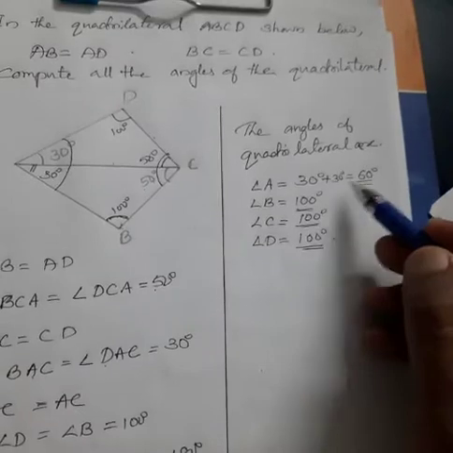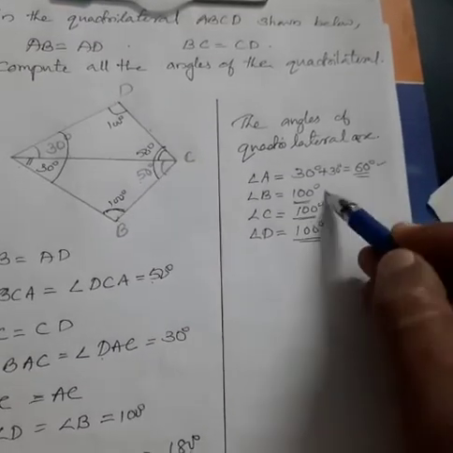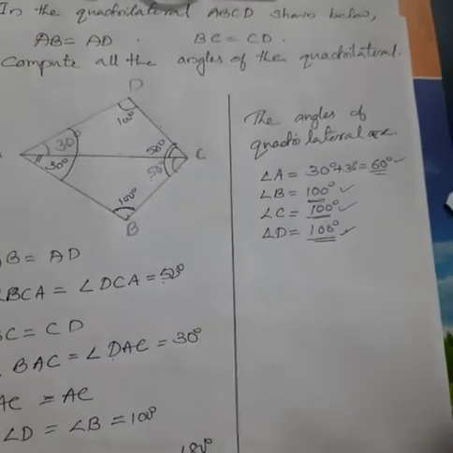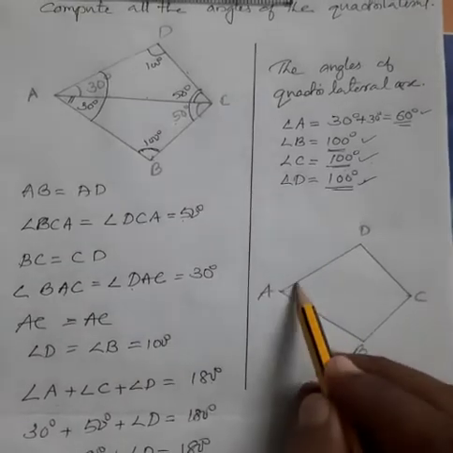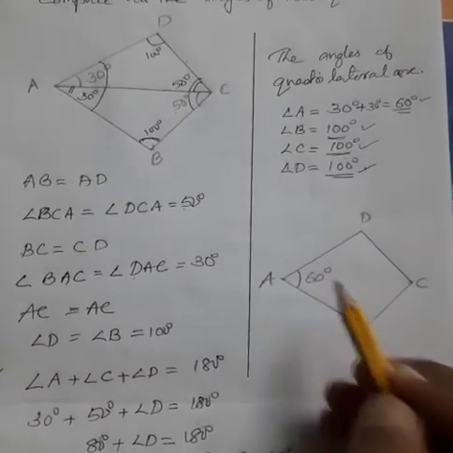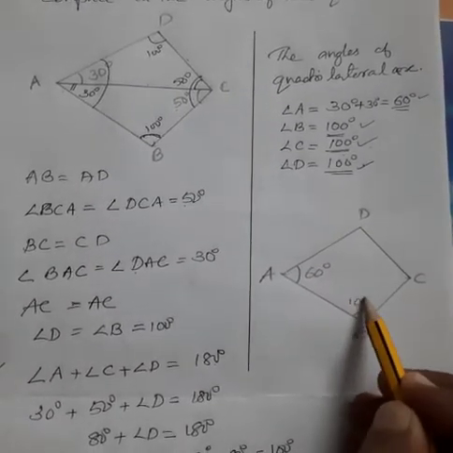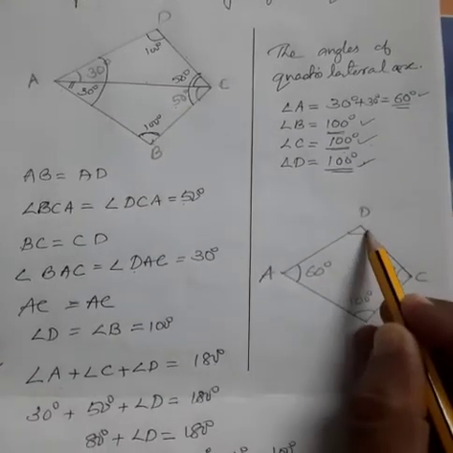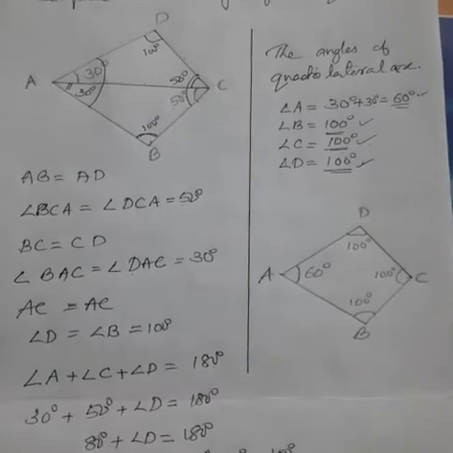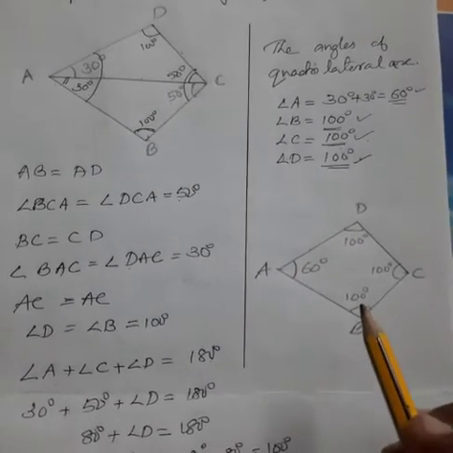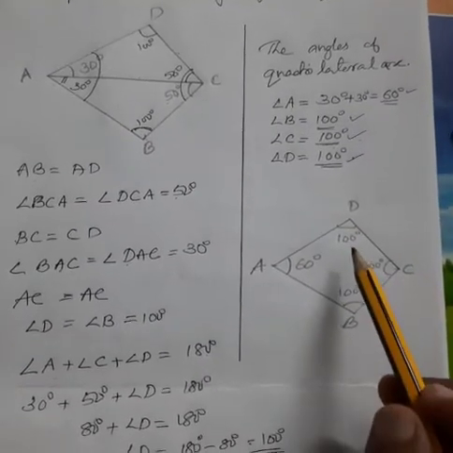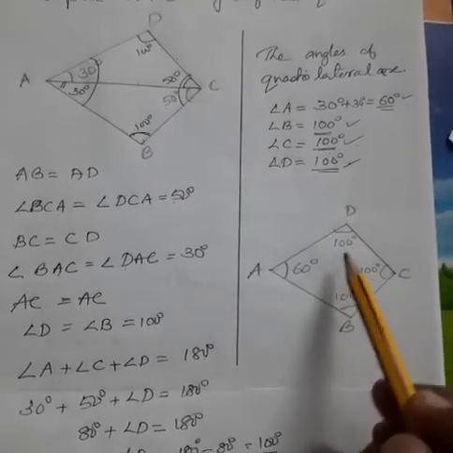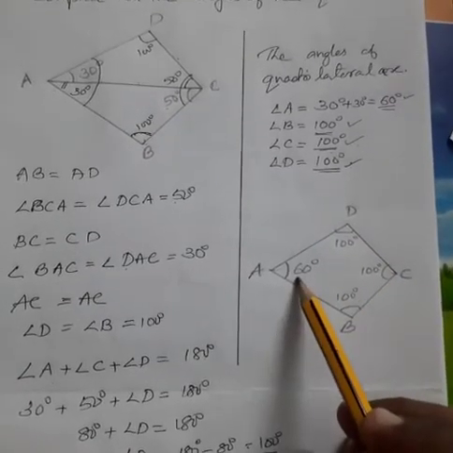These are the four angles of the quadrilateral. So you can write here, angle A is 60 degree, angle B is 100, angle C is 100, and angle D is also 100. The total angle of the quadrilateral is 360.